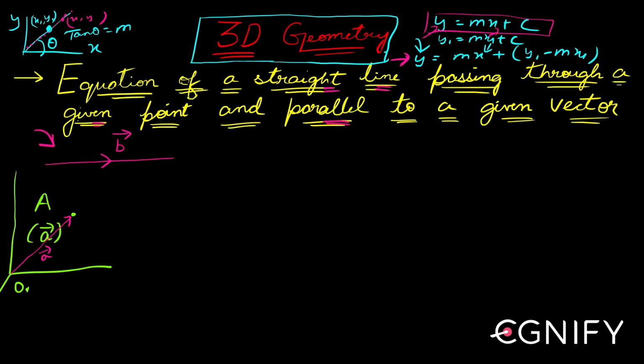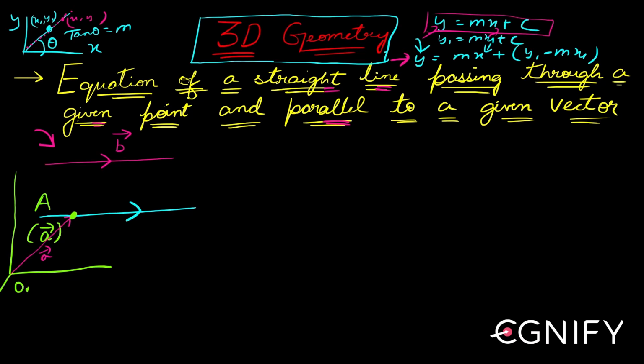What is your given vector? Your given vector is b bar. So you need this straight line which passes through this point, and it's also parallel to this given vector b bar. As you can see, this and this look parallel to each other. So how do I find the equation of the straight line?